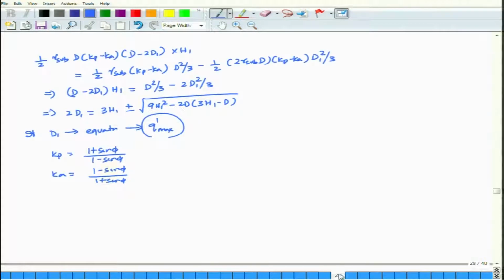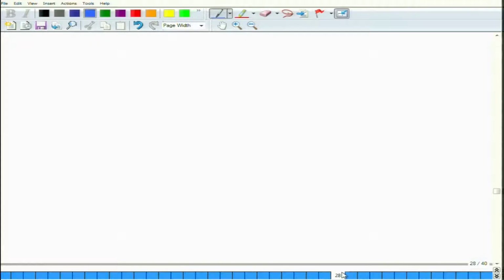Then next we can go to heavy wells. What will happen in heavy wells? Let us consider this is a heavy well.